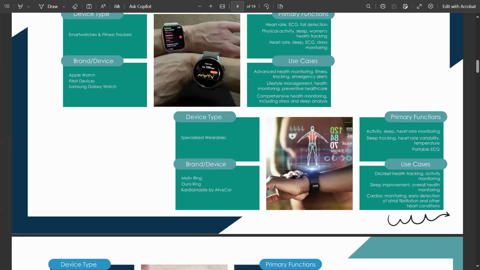The Oura Ring focuses on sleep tracking and overall health monitoring through various metrics such as heart rate variability and body temperature, and is particularly popular for its comfort and unobtrusiveness. Now, there are a few wearable devices that would literally count how many times you snored while you're sleeping.